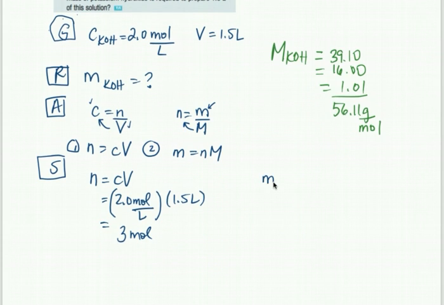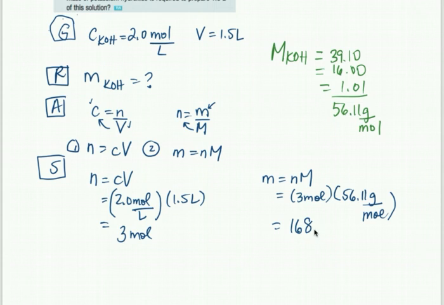Then we're going to use this part now to find the mass. Okay, so the amount is 3 moles. The molar mass is 56.11. Just multiply those together, and you end up with 168.33. And again, see the moles cancel out, so we have mass left.